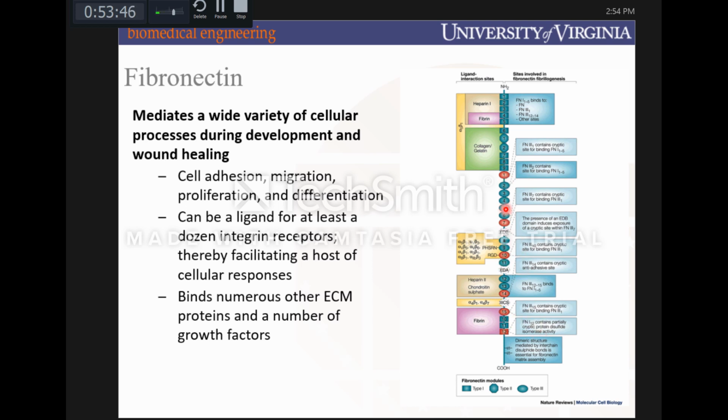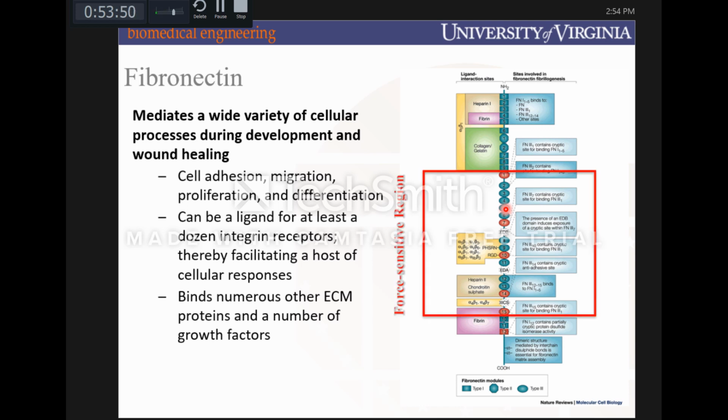And that has huge implications for what cells are able to sense on the molecule. So yeah, the force-sensitive region here is all these type 3 repeats. And within the force-sensitive region, you've got your integrin binding domain. So you can imagine this integrin binding domain is responsive to the forces being put on this molecule. And that's super important for biomaterials.